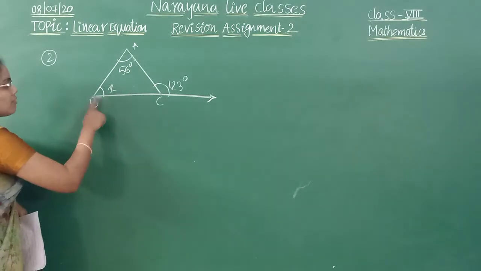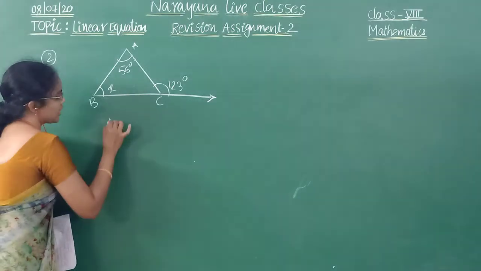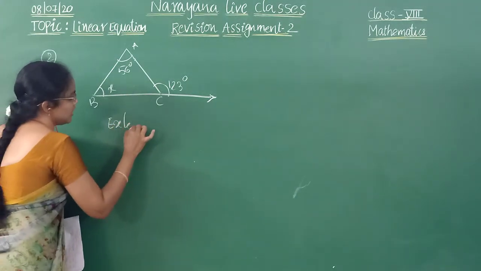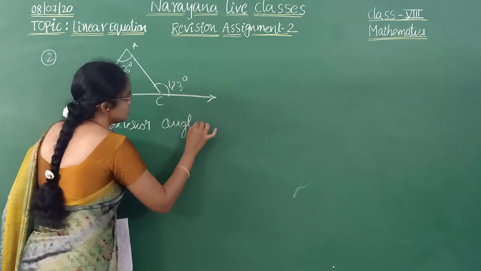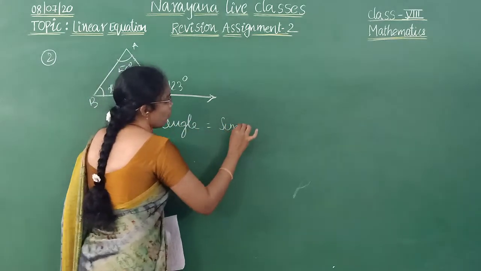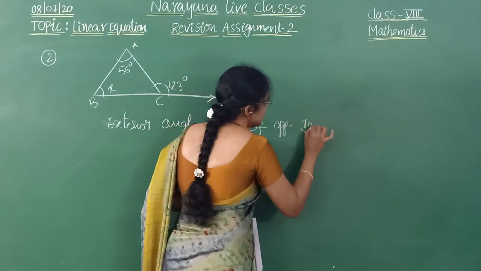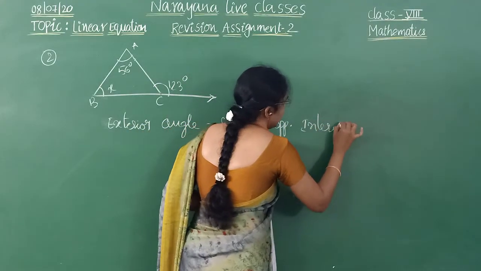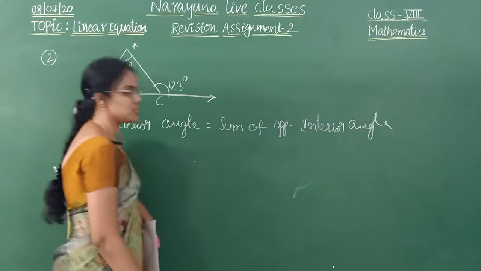In this we have one formula: exterior angle is equal to the sum of the two opposite interior angles.